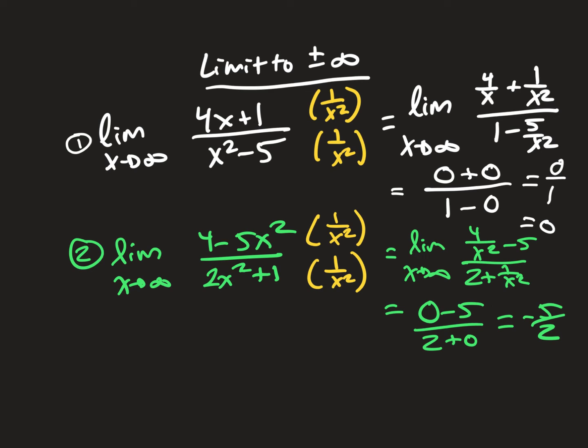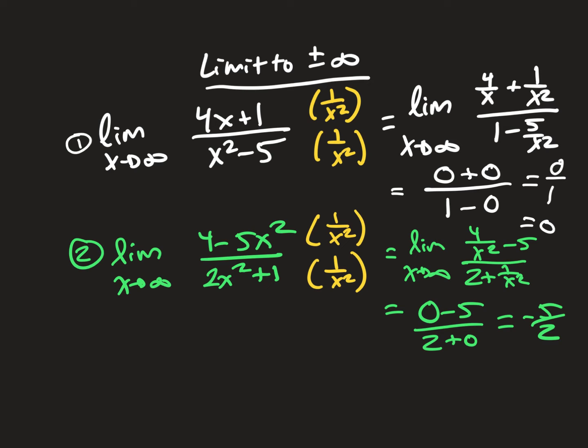Well, doing enough of these problems, you notice a pattern occurs, and that is like some rules develop. Notice that for number 1, the degree of the denominator was greater than the degree of the numerator. So in other words, the denominator in number 1 was degree 2, and the numerator was degree 1. So when the degree of the denominator is greater than that of the numerator, the limit as x goes to positive or negative infinity is going to be 0.